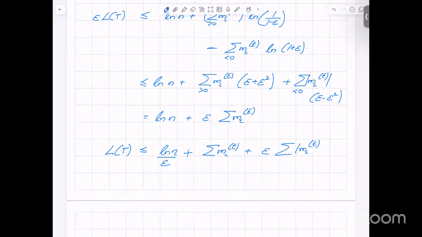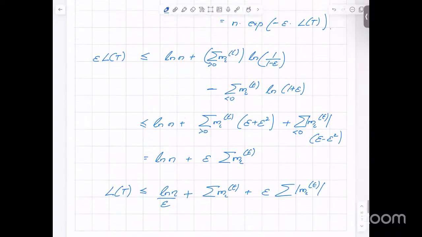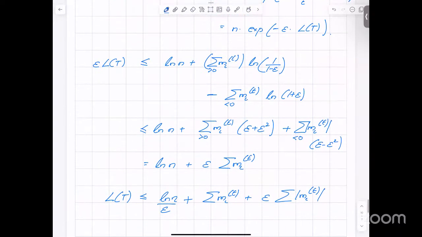Let me check. There's a minus sign somewhere. One second. Epsilon plus epsilon square. That is right.